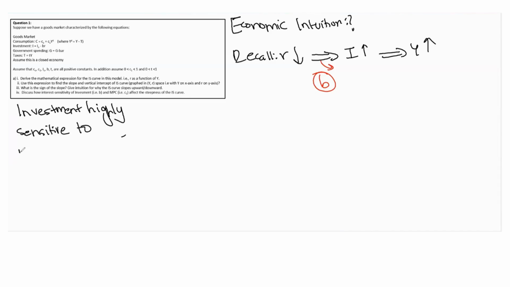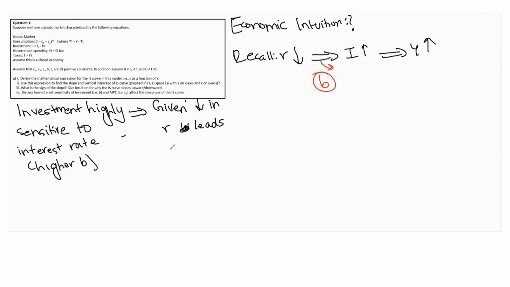If investment is highly sensitive to interest rate, we have a higher B, then a given decrease in interest rate leads to a large increase in investment.